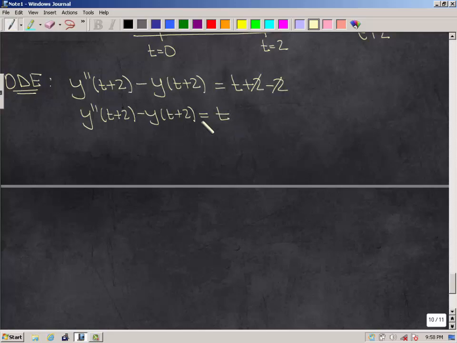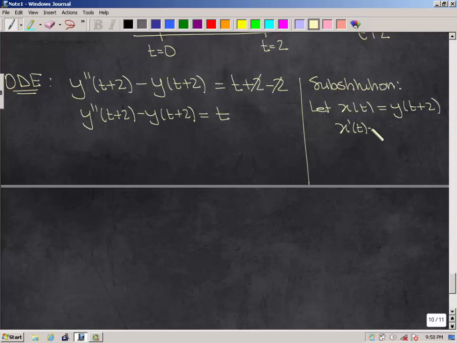Now we're going to do a substitution. Let x of t equal y of t plus 2. If I take the first derivative, I get y prime, and when I take the derivative of the inside, we just get 1.